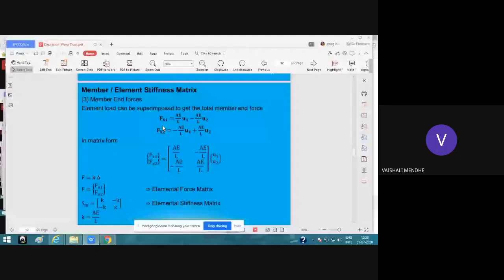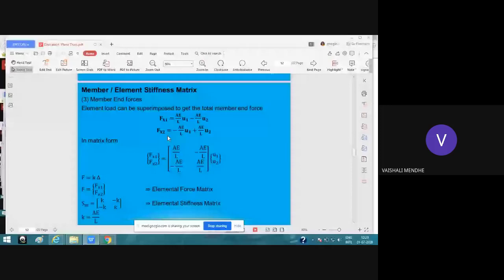We will get the total member end force at node 1, denoted by Fx1, which is equal to A by L U1 minus A by L U2. In a similar way, we can find the total member end force at node 2, which is equal to minus A by L U1 plus A by L into U2.